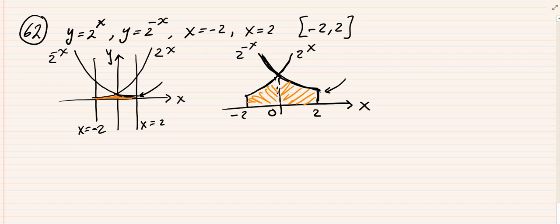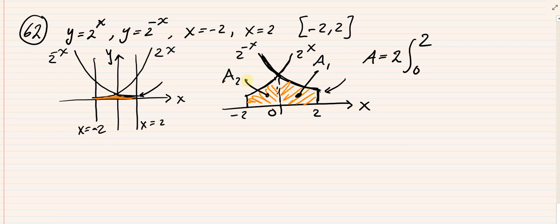In fact, I'm going to use the symmetry of the graph. So the area of the bounded region is going to be twice the integral from 0 to 2. Let's call it A1. I'm using twice that area. Or you can do the other one, it doesn't matter. Whichever is easier for you to work with.